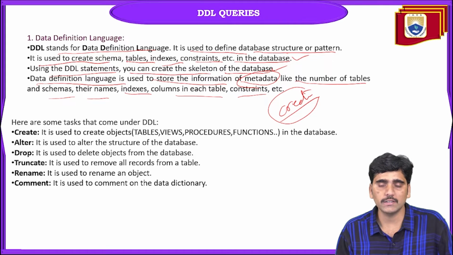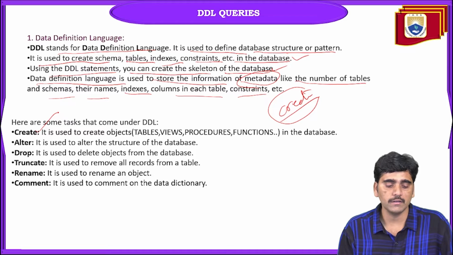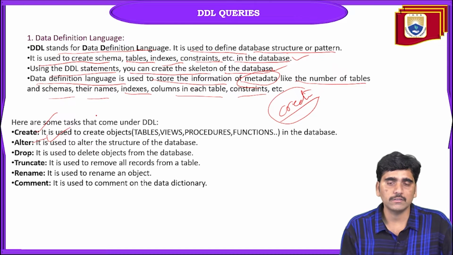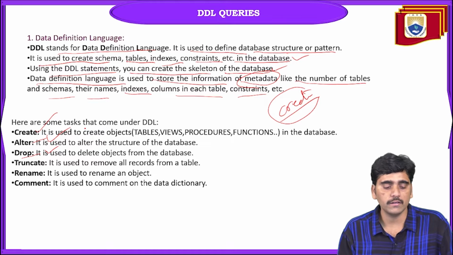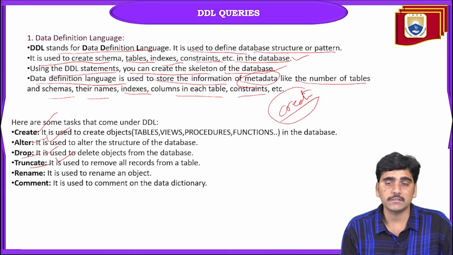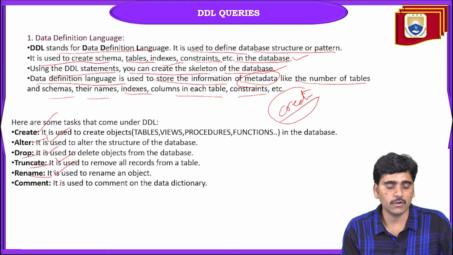From this data definition language we have some commands. Those are create, that is the create command, alter, that is the alter command, drop, that is the drop command, truncate, that is the truncate command, and rename, that is the rename command, and comments.